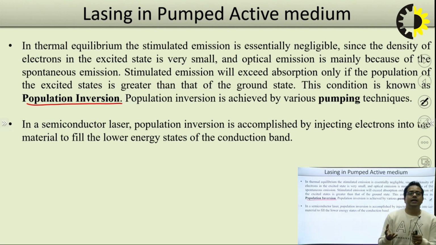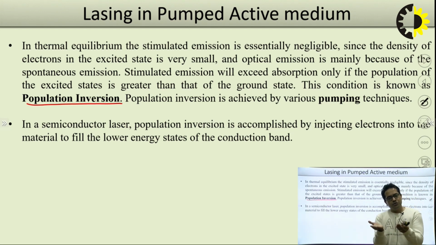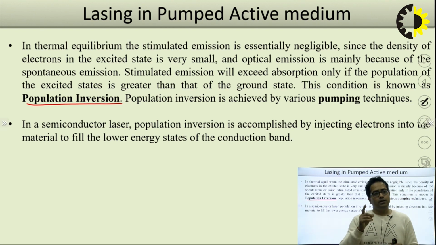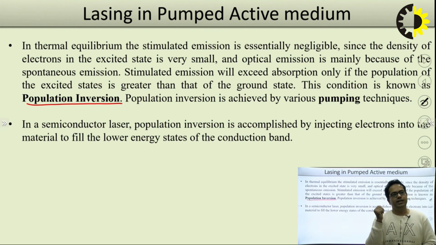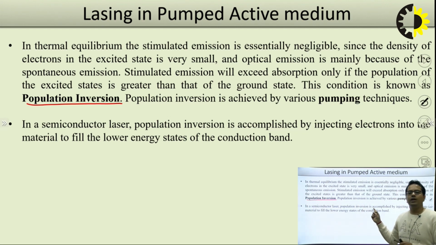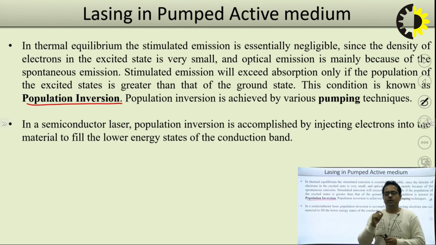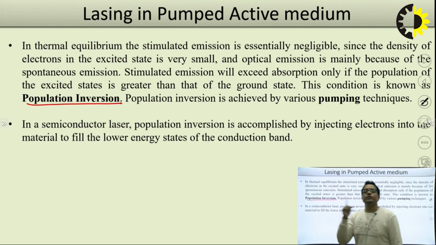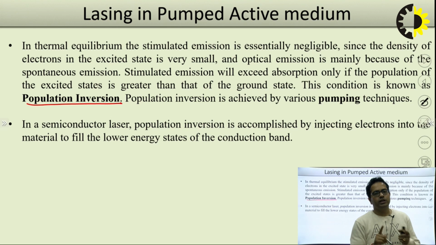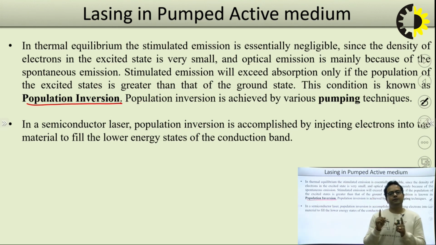Because in thermal equilibrium, most of the population of electrons is present in the valence band, but by providing extra pumped energy, we are reversing the population of electrons. Now most of the electrons reside in the conduction band. That's why it is called population inversion. This is the first process responsible for the lasing action.